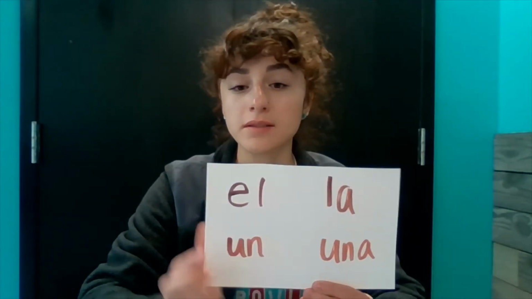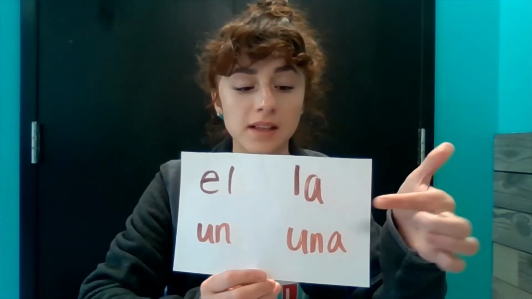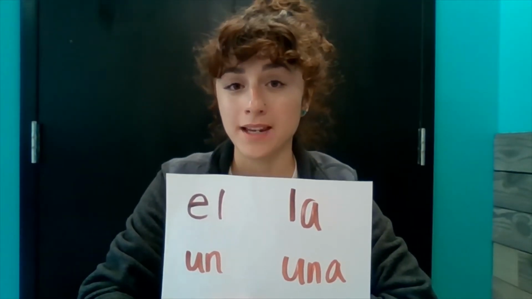In Spanish, nouns have gender. That means that nouns can either be masculine or feminine. So for every person, place, or object, it'll either have a masculine ending or a feminine ending. Articles el and un are both masculine, and then articles la and una are both feminine.